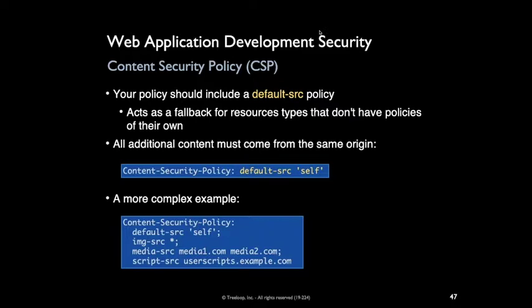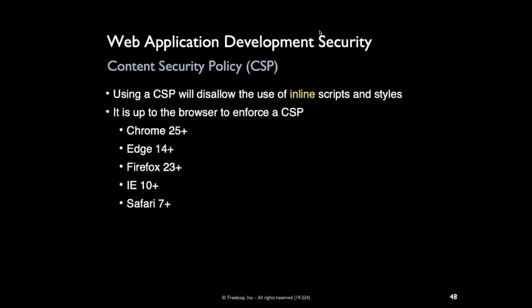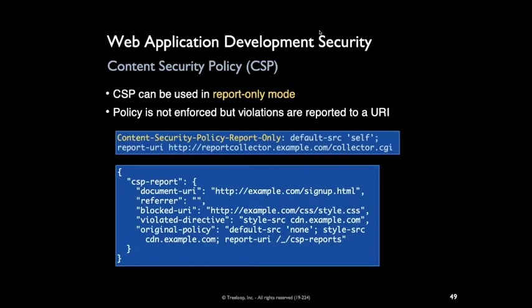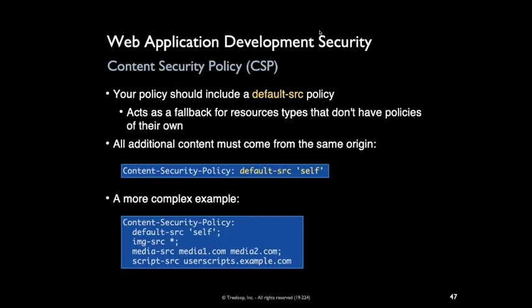Now, the other thing with this though is, notice this first bullet here. Using a CSP will disallow the use of inline scripts and styles. That's the reason why most people don't use it nowadays. Because here's the thing: we can specify this policy about where stuff can come from, but it's all useless if we can't disallow inline scripts and styles.